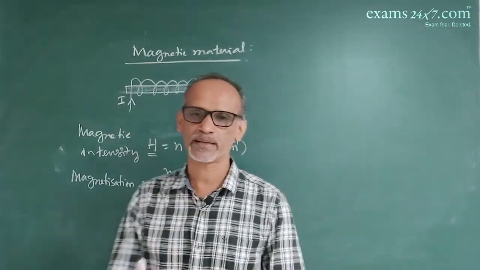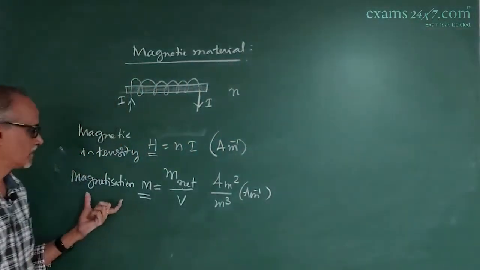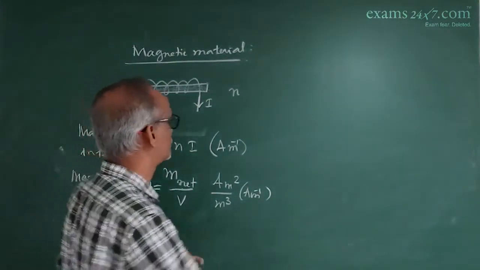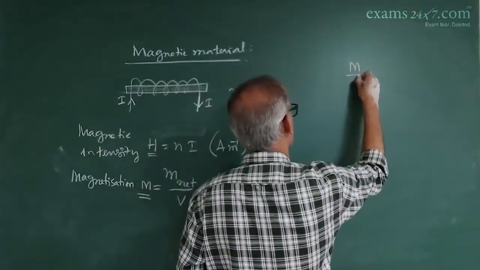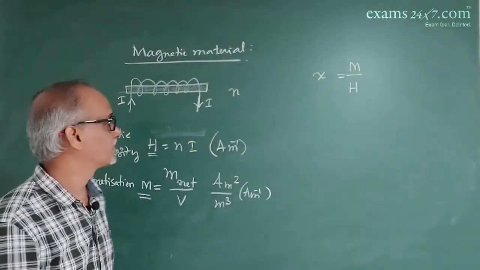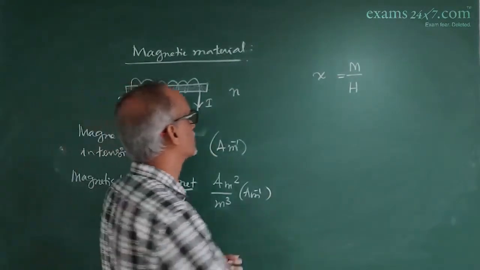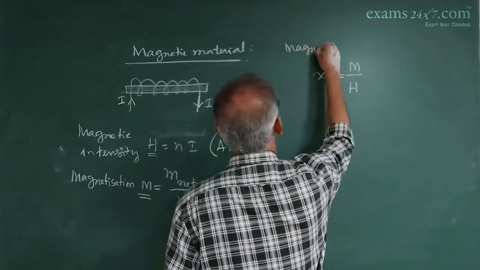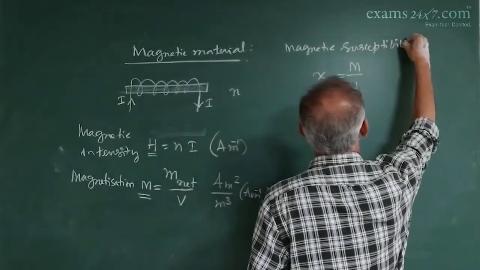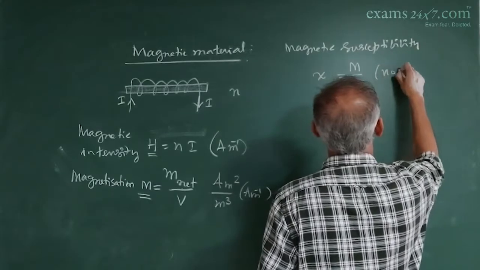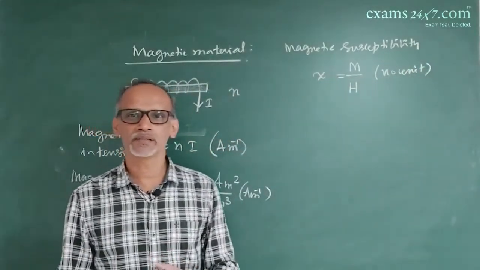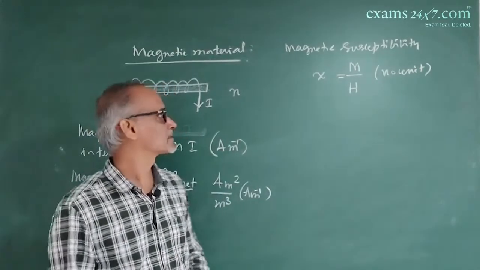So therefore, the degree of magnetization depends on the quantity M. And the ratio of magnetization to the magnetic intensity is denoted by the Greek alphabet chi, and it's called magnetic susceptibility, which has no unit. And magnetic susceptibility is a measure of the ease with which a material can be magnetized.